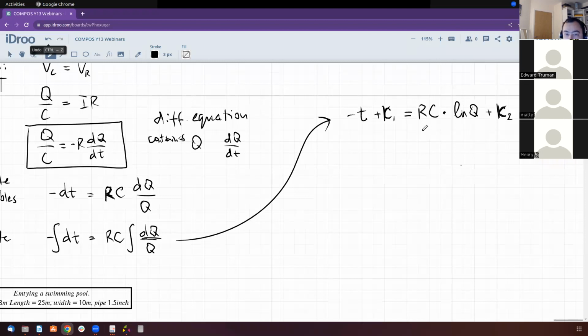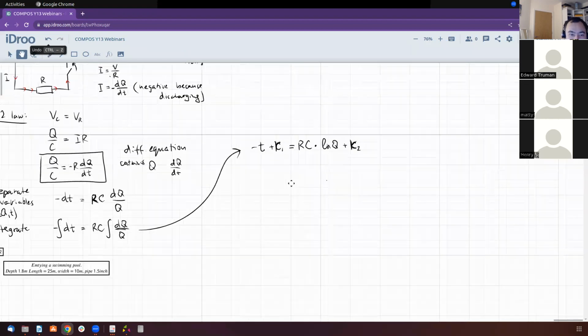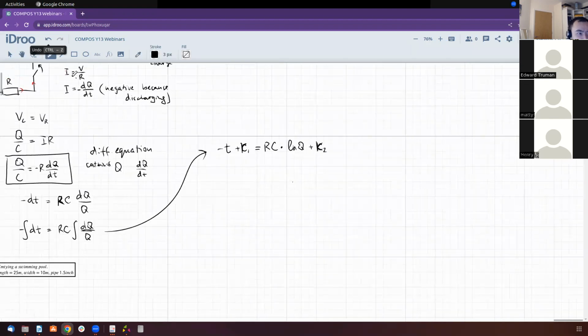Now, RC ln q plus k2. Now, this is the first method. This is the method I don't really like, because you end up with k's.